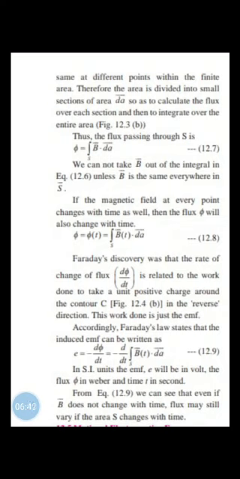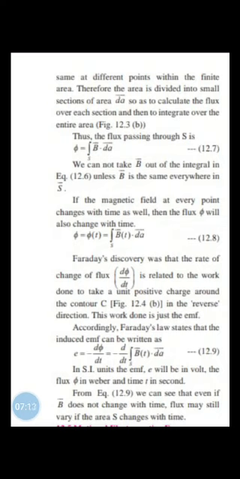Accordingly, Faraday's law states that the induced EMF can be written as E is equal to minus d phi by dt. We find the value of phi in equation number 8, so we can place the value of phi in equation number 9.